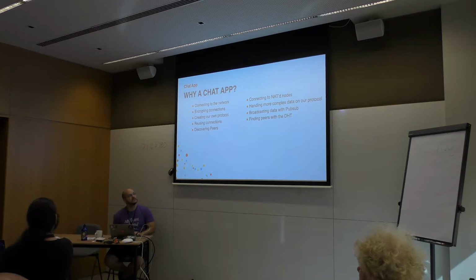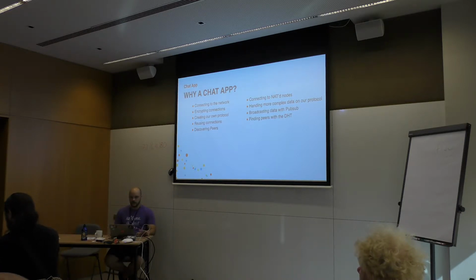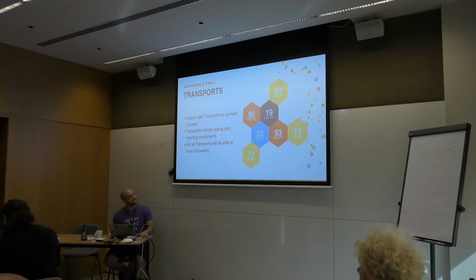We also want to handle more complex data on our protocol. We want a protocol that does many different things and not just one specific thing. Then we'll also cover broadcasting data with PubSub and how we can find peers and content with the DHT. So there's a lot, but we'll dive in.